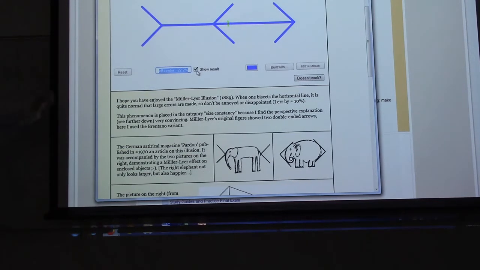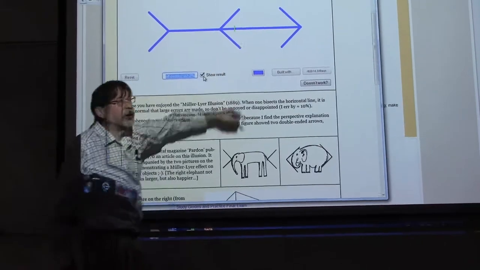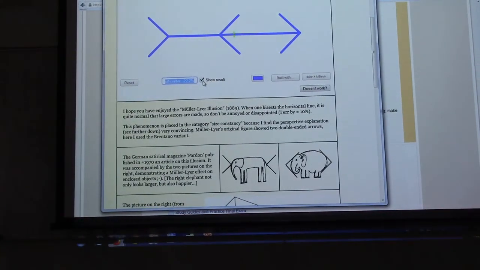I don't know if you can see it, but here's the little green line where they would have been equal. So, we've got an illusion here. You can measure it for yourself, and then read the description of it. We're going to be talking about the theory behind it in here, but that's what I want you to do as part of your homework.